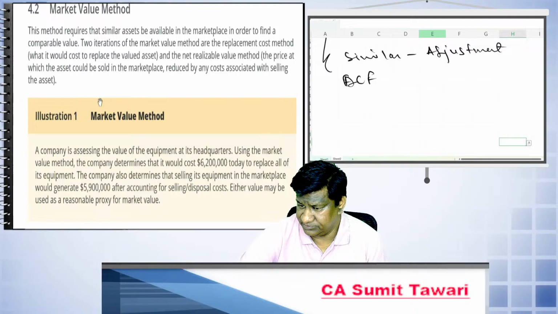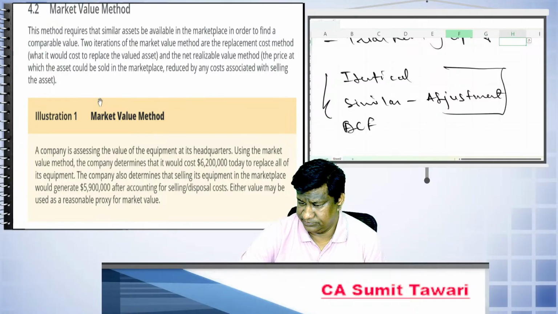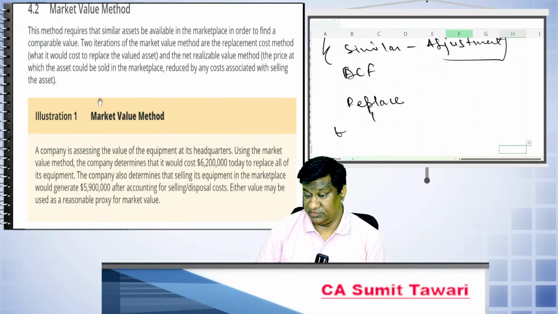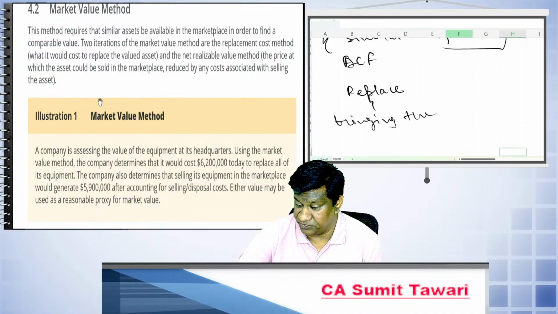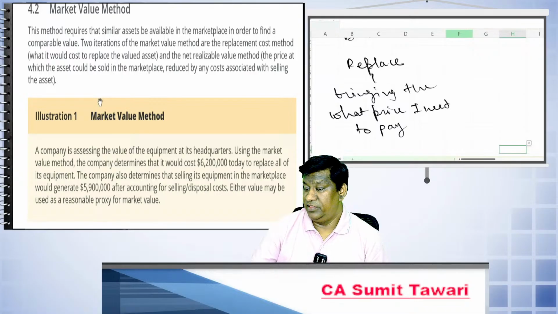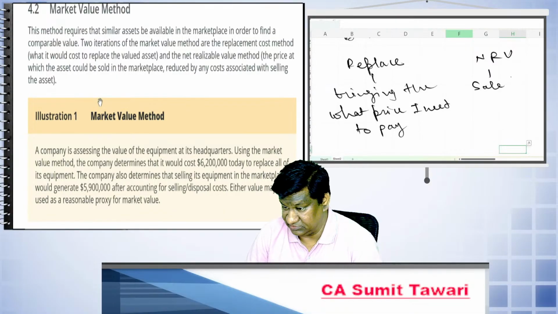Here, replacement means if I'm bringing in a new asset, what price do I need to pay? And NRV, if I sell the asset, what net amount can I realize?